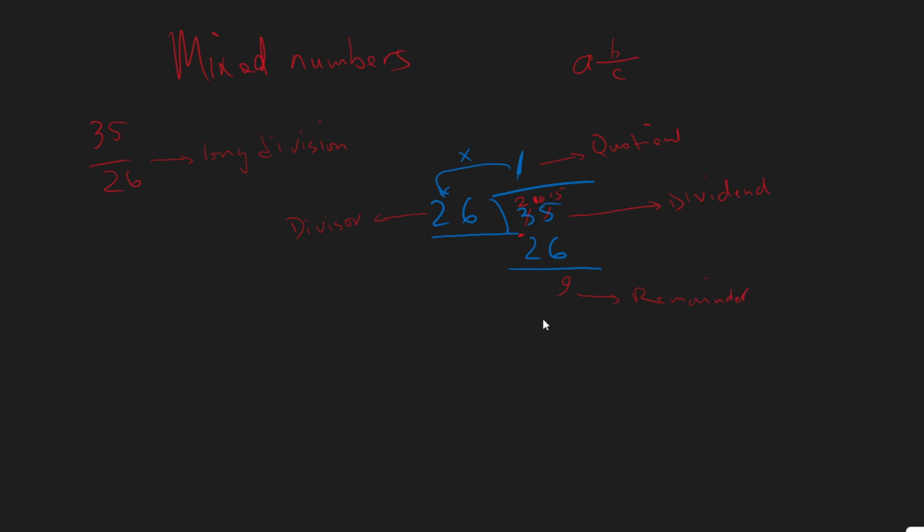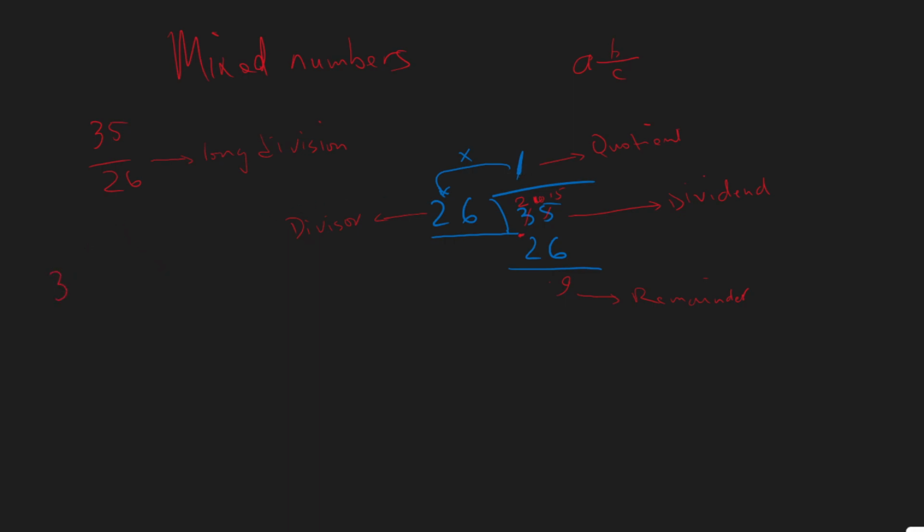Okay, how do you represent the mixed number for this one? I have a way to do that, but I don't want to confuse you. So your answer would be 1 whole.